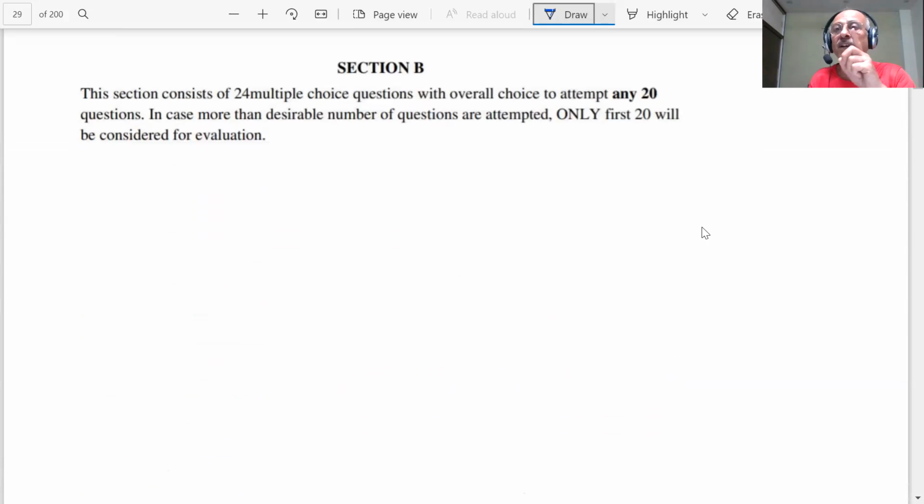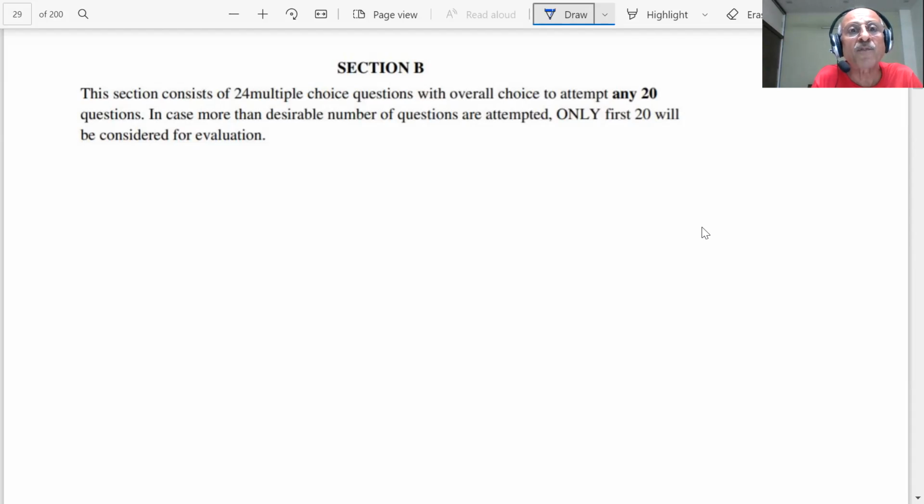Pay attention, focus, and set an intention that you want to learn each and every question which I will be solving here for you, so that you understand how to solve a question in the coming term 1 paper.